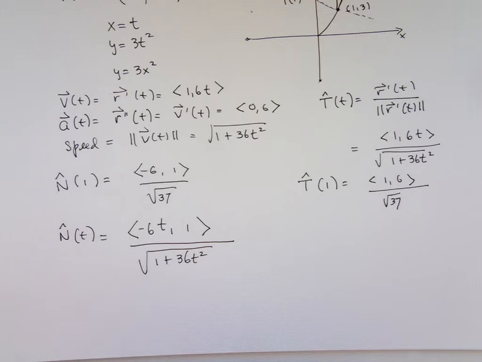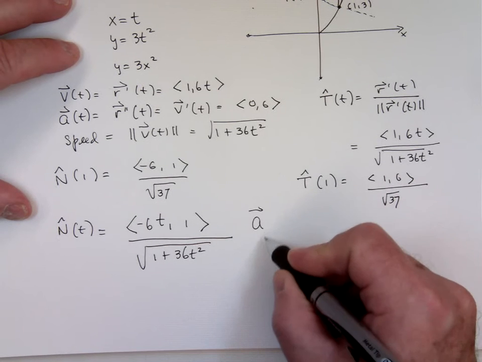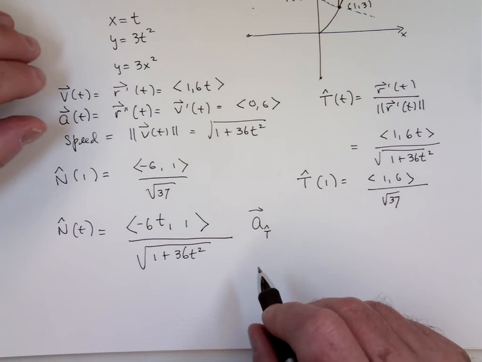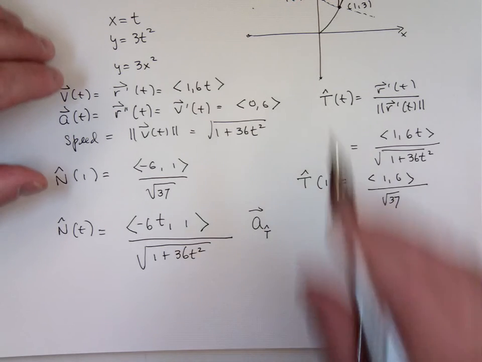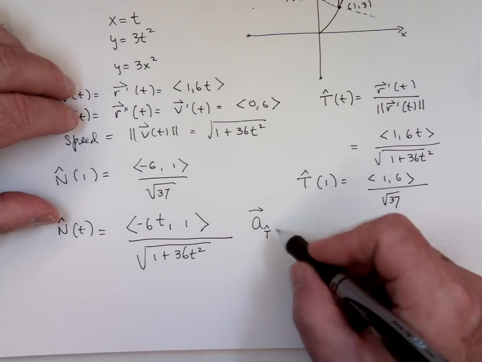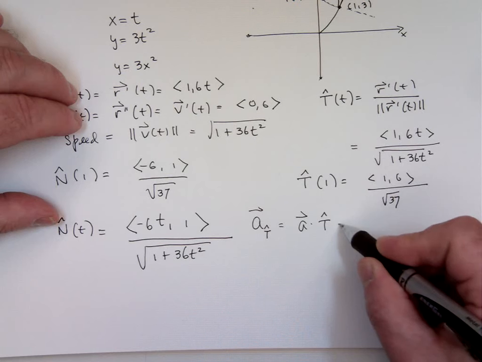Okay, let's find the tangential and normal components of acceleration. The tangential component of acceleration, how much of the acceleration is directed along the tangent line? How much of this is directed along the tangent? And that's equal to a dot T. All right.